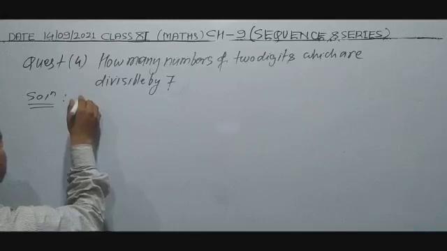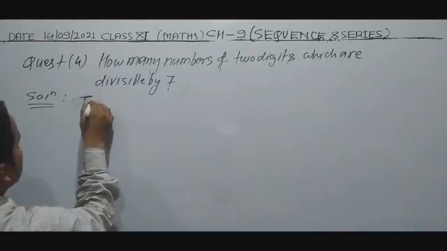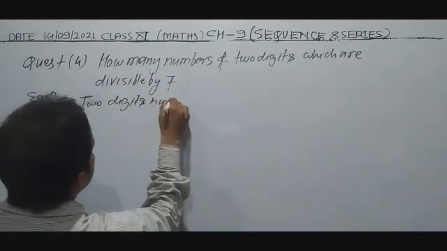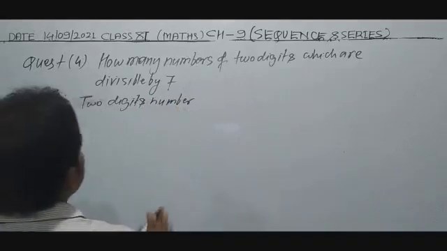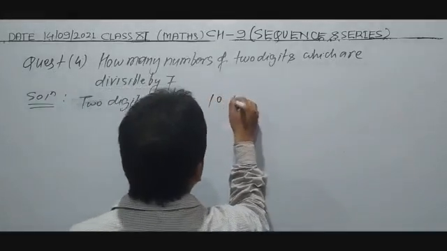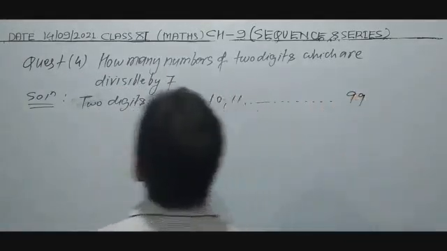Two digit numbers start from 10, 11 and go up to 99.